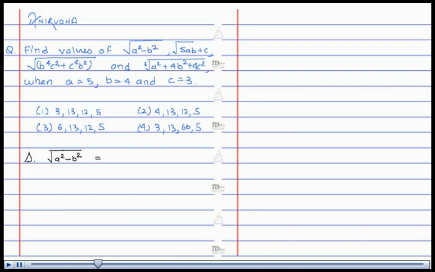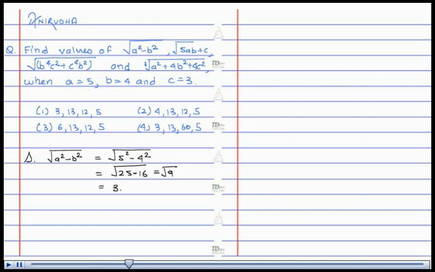The first expression is under root a square minus b square. This is equal to under root 5 square minus 4 square, or under root 25 minus 16, which is under root 9, or 3.